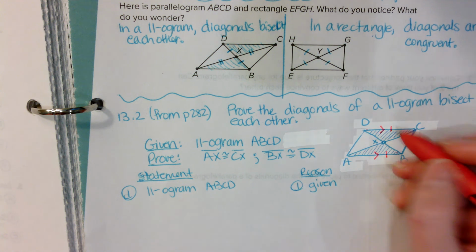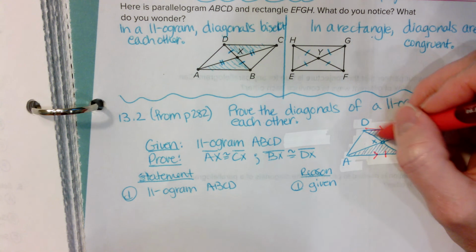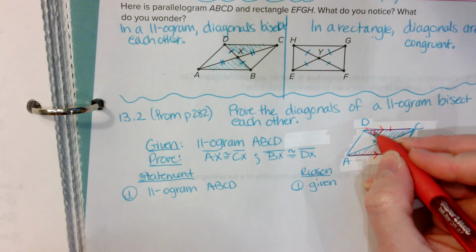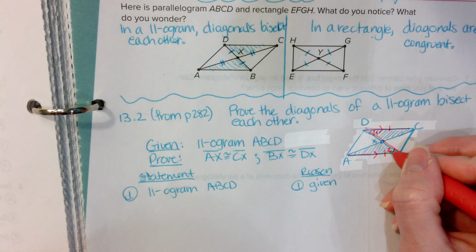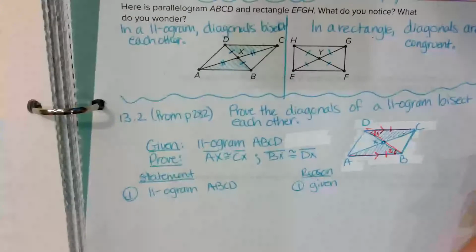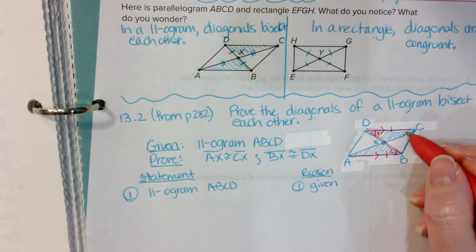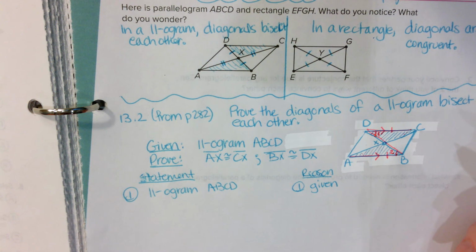But I'm only going to use the top and using DB and the bottom. I'm just going to use one pair of alternate interior angles. Notice that I'm not marking this pair and I'm not going to use them because I'd like to use angle, angle, side in this proof.